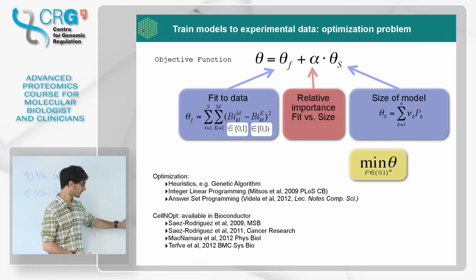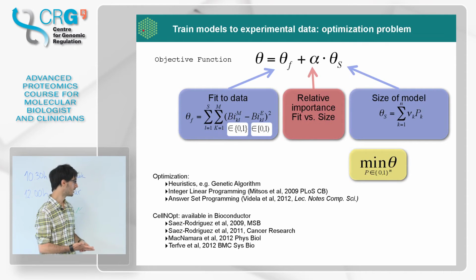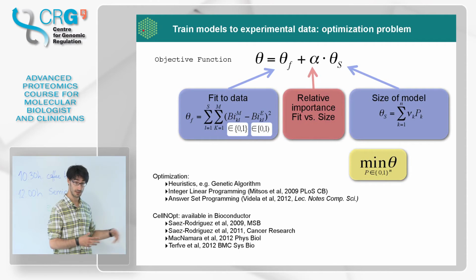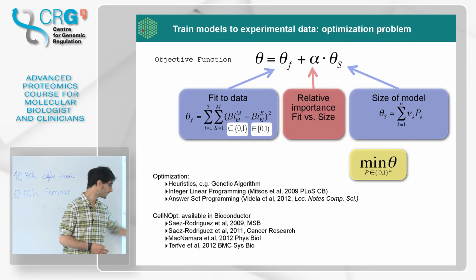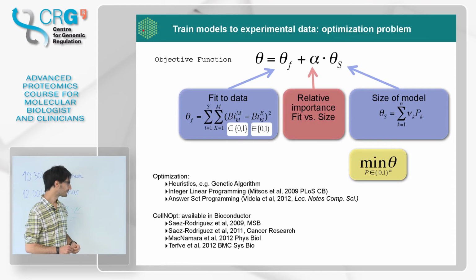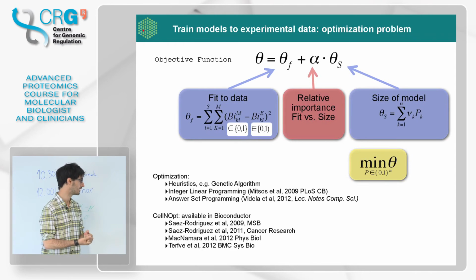Now, this modeling approach that I just described to you was published and made open source and available, and you can find it in Bioconductor as an R package. So you can use it programmatically, using your R environment, but you can also use it by clicking, which is what we will do today, in a graphical environment like Cytoscape. We're going to see that in detail later.